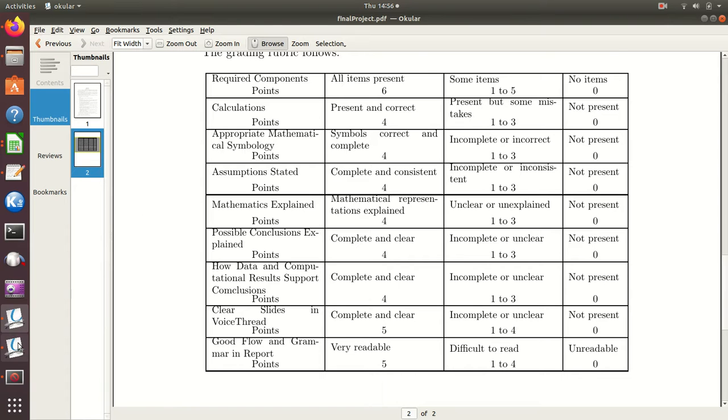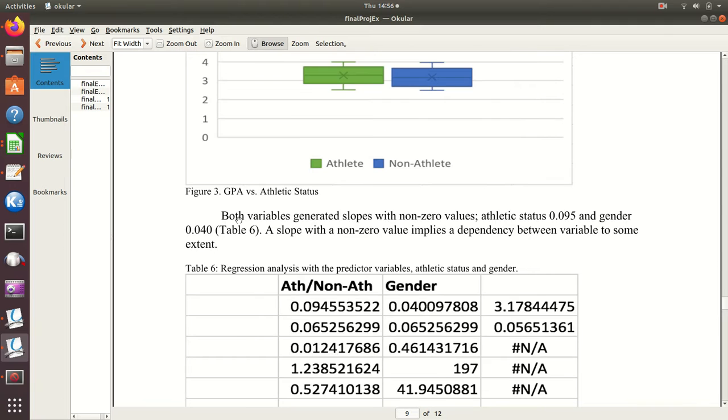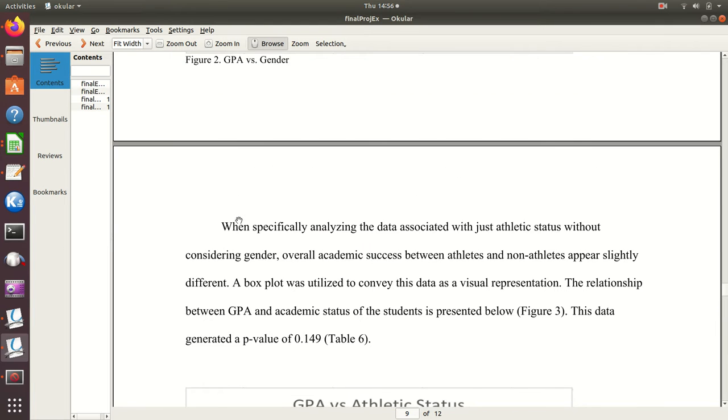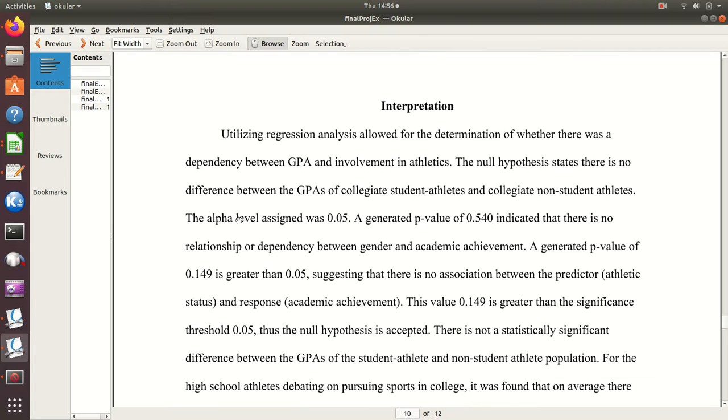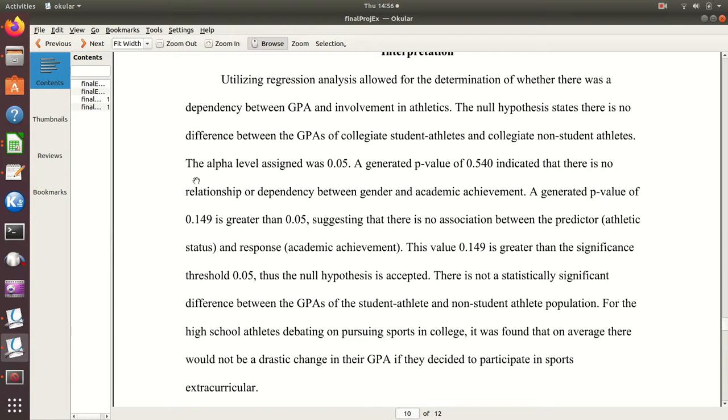Appropriate mathematical symbology. Well, they talked about a null hypothesis back here somewhere. I think that was in the interpretation. They mentioned the null hypothesis. They said alpha level. Now, actually, it would have been nice if they would have used mathematical notation of a Greek alpha. I know Word, you can put in Greek letters like alpha in there, and you can put in an equal sign and that sort of thing. That's nice mathematical notation. The null hypothesis, they mentioned that somewhere of no difference.